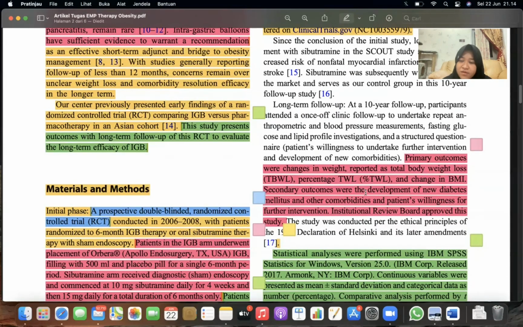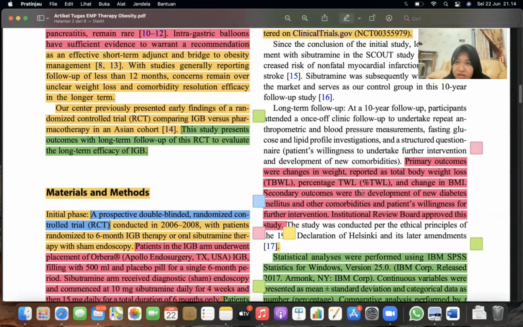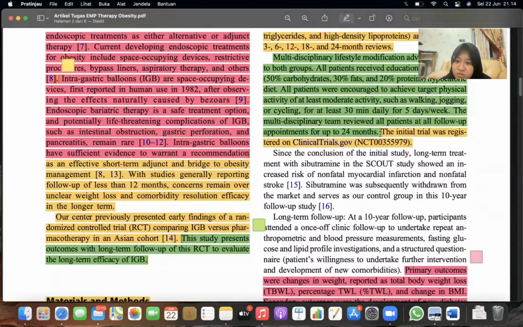Okay, the next is number 24, where the full trial protocol can be accessed, if available. Okay, the answer is here. The initial trial was registered on clinicaltrials.gov.